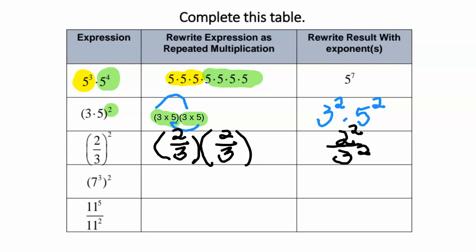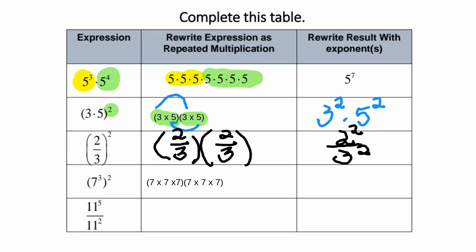Now, next one. This one you are going to write a couple of different ways. Notice that there is an exponent of 3 inside the parentheses. Well, this is saying 7 times 7 times 7, and then we have 2 of these, 7 times 7 times 7.